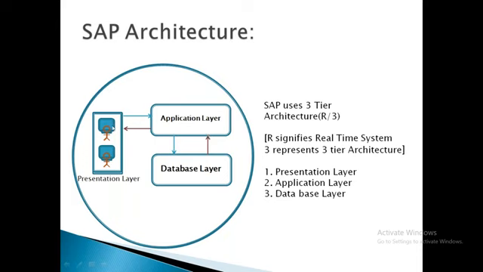So this process is called three-tier architecture. Here presentation layer means the system used by users. User is the employee of client who will use SAP, and application layer acts as a mediator between presentation layer and database layer, and database layer consists of the actual data.